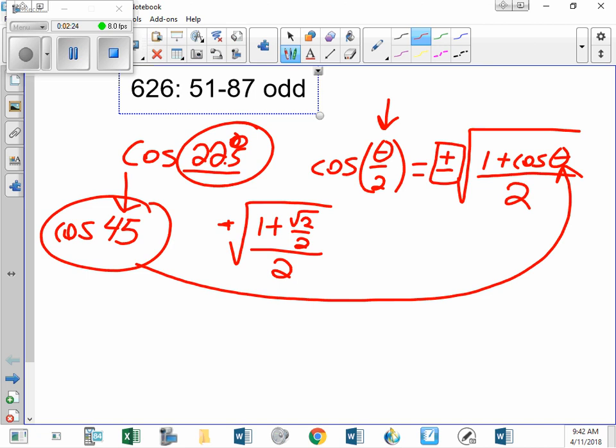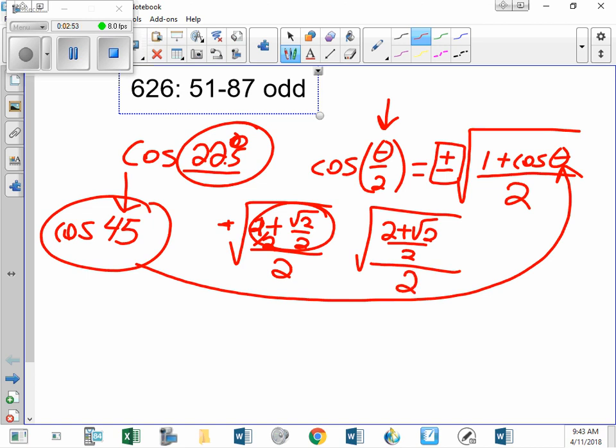Well, the top needs a common denominator. So the top is going to turn into 2 plus root 2 over 2, because I'm going to make the 1 a 2 over 2. So I get the square root of (2 plus root 2 over 2) over 2.